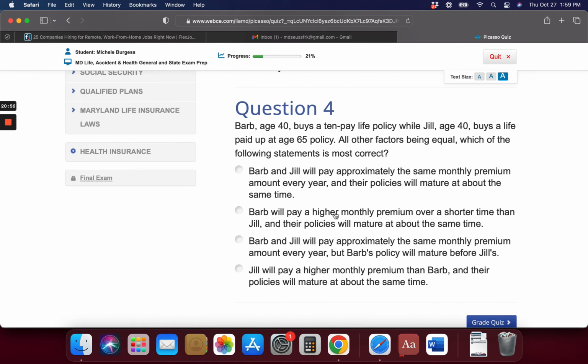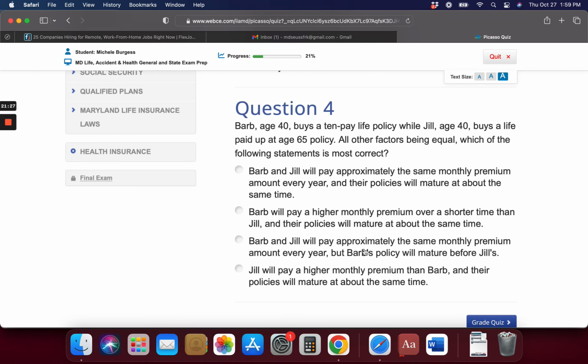Barb, age 40, buys a 10-pay life policy. Jill, age 40, buys a life policy paid up until 65. All other factors being equal, which of the following is correct? Jill will probably have to pay more eventually.